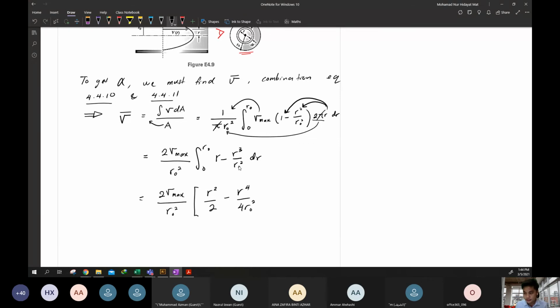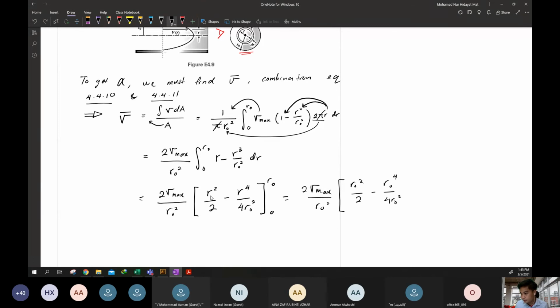R naught squared is the constant. The limits are R naught and 0. Substitute, and you will get the value. Try to simplify: 2Vmax over R naught squared, substitute this one: R naught squared over 2 minus R naught to the 4 over 4 R naught squared.